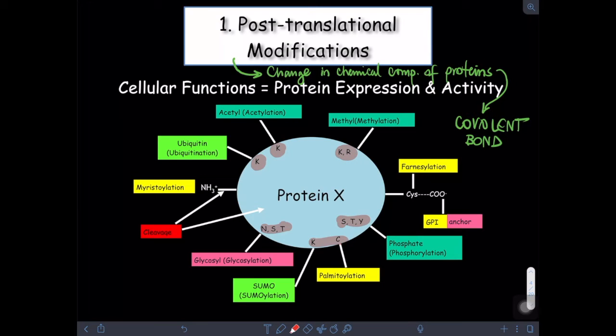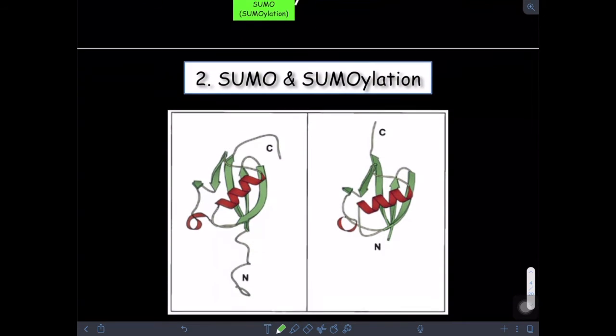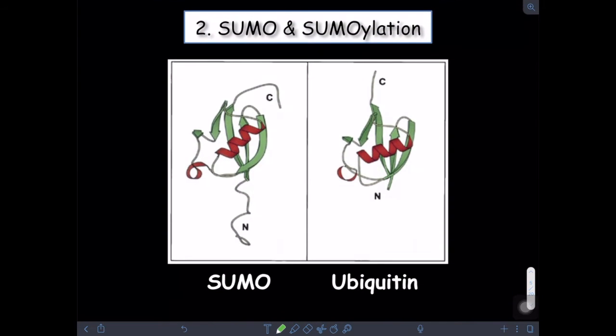Perhaps the most complex type of post-translational modification is the attachment of a member of the Ubiquitin-like family of proteins to a protein. The Ubiquitin-like proteins, or UBLs, share as the main characteristic a very similar three-dimensional shape, referred to as the beta-beta, alpha-beta-beta, alpha-beta ubiquitin fold.